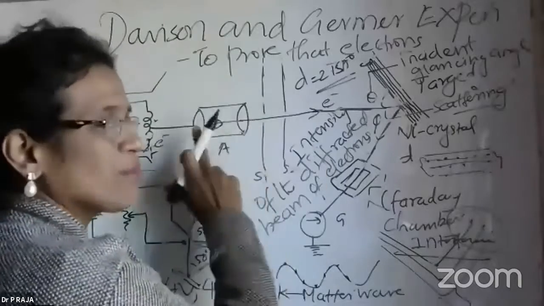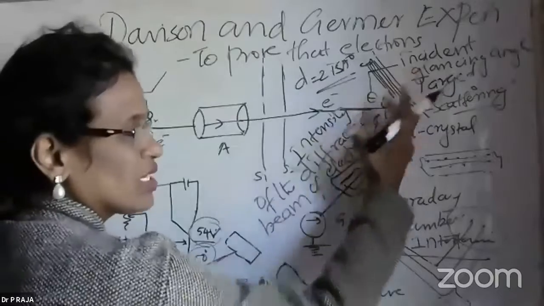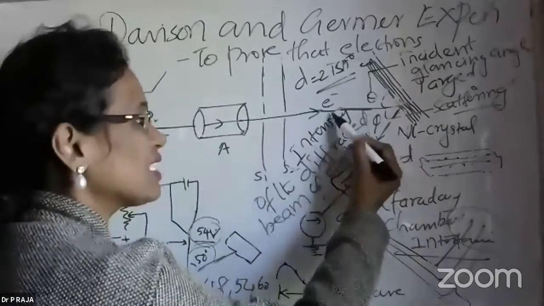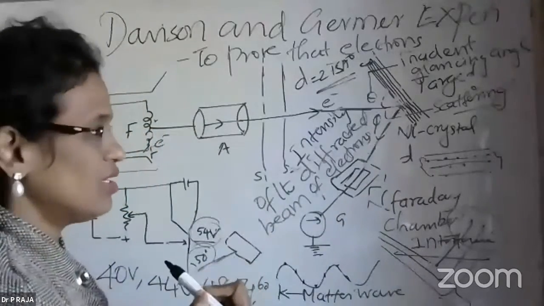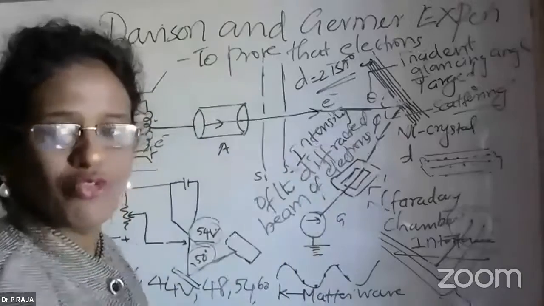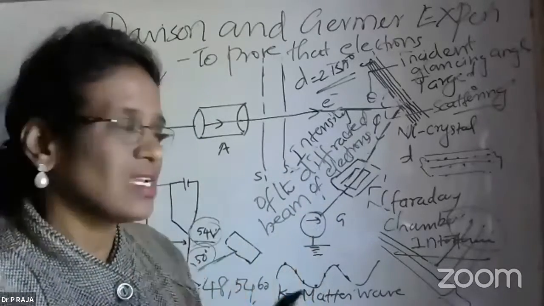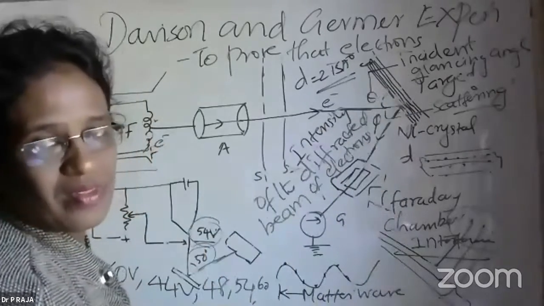Electrons are just moving like particles. But once they hit a target material, you are not getting the electron as such, but you are getting an intense diffracted beam of electrons only, and it is in the form of waves here.